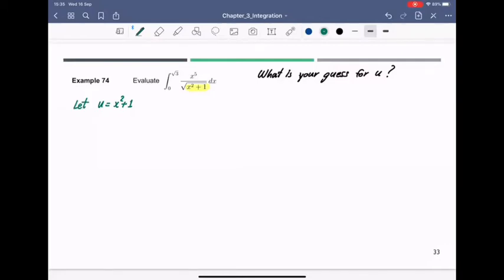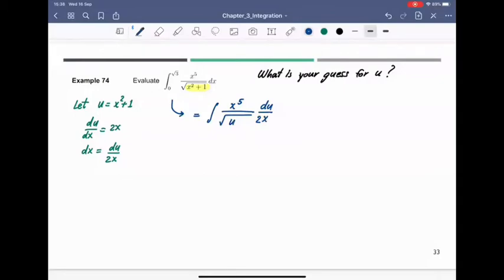So if I let u equal to x squared plus 1, I have du by dx equal to 2x. That means I have dx equal to du over 2x. I'm going to try to switch everything to the form I want. So this is going to be the integral of x to the 5th power over square root u, since I pick u here, and then I change dx to du over 2x. I'm not going to worry about my lower bound and upper bound now.